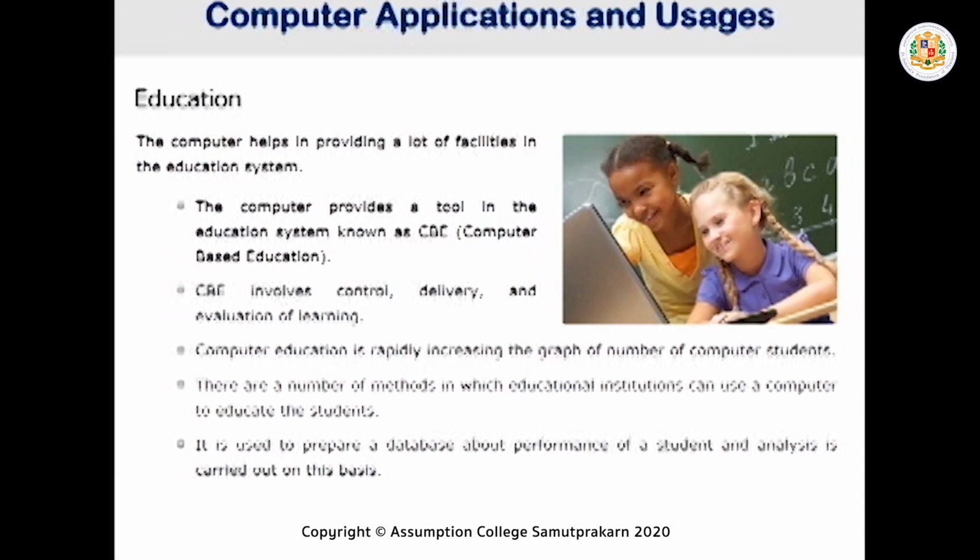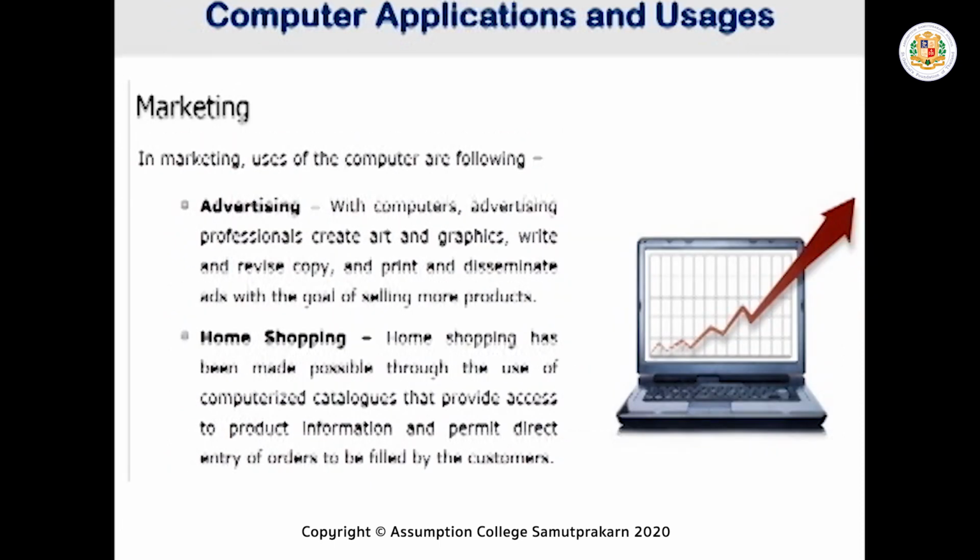Next, of course, we have education at school. Right now, you are in front of a computer. We are using a computer to study. The computer provides a tool in the education system known as the CBE, computer-based education. It involves control, delivery, and evaluation of learning. Next, we have, of course, marketing: advertising, home shopping, online shopping, shops.